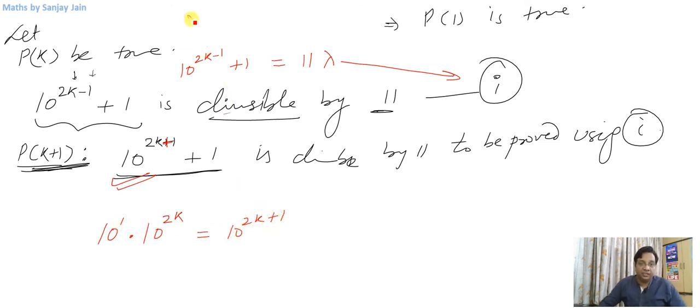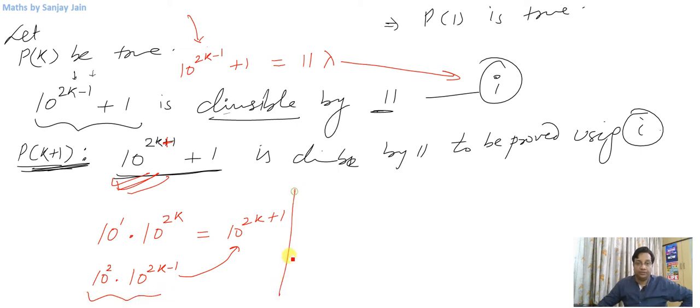But if you see in this expression, which is my given expression, which I will use to prove the truth of p of k plus 1, contains 10 raised to power 2k minus 1. So can I separate it like that? Yes. I can write it as 10 raised to power 2 into 10 raised to power 2k minus 1, which will again give me the same result here. So it is okay to write this as this.